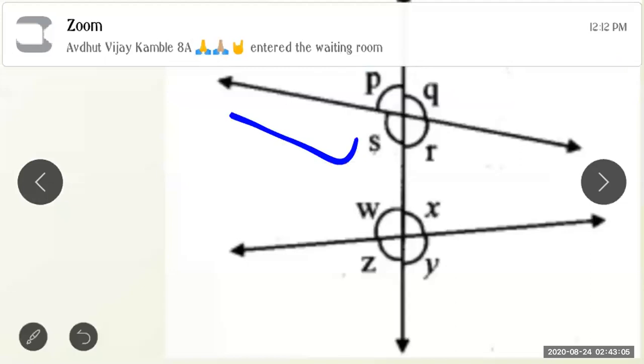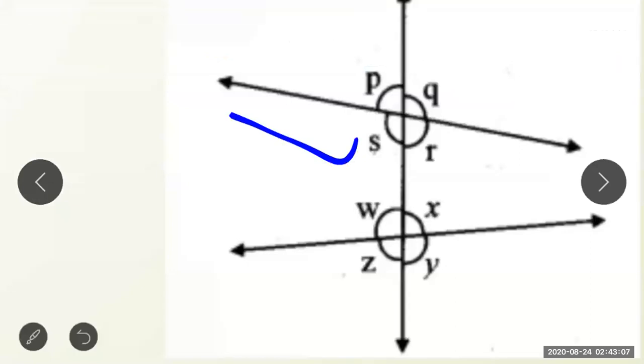Now alternate means opposite. The opposite of S is X. So here the interior alternate angles are angle S and angle X.